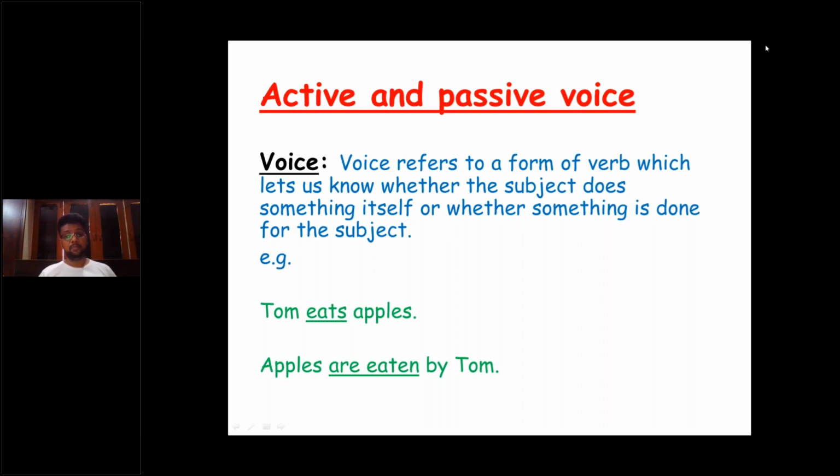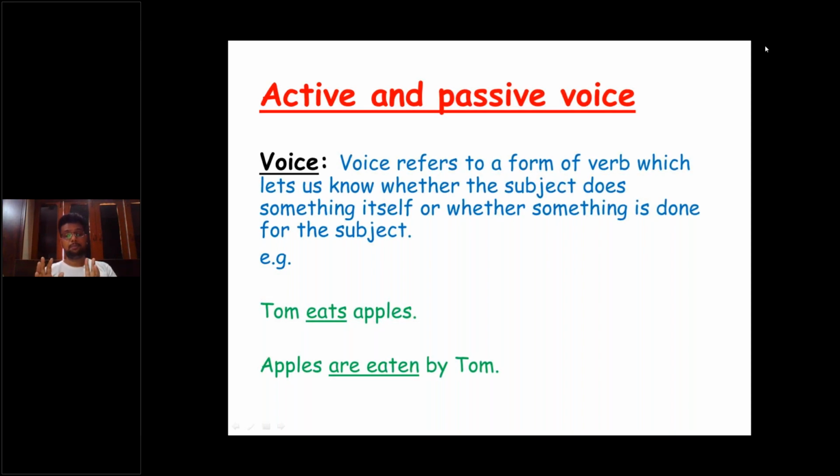And what is that act? That act is of eating apples. So Tom eats apples in this sentence. The subject, that is Tom, is doing an activity. And what is that activity? The activity is eating. And the object is apples.